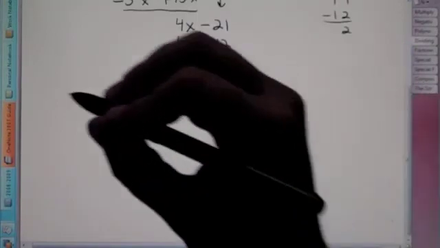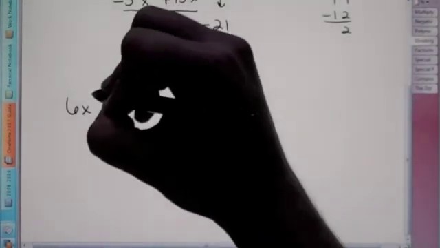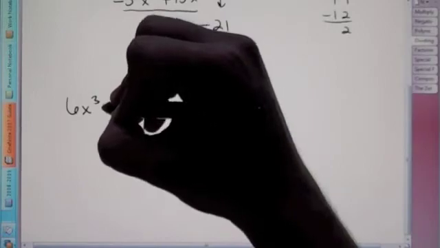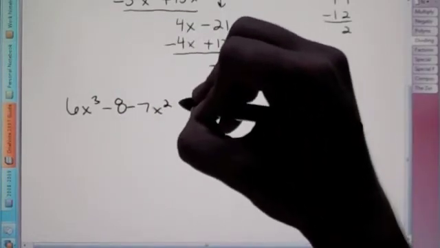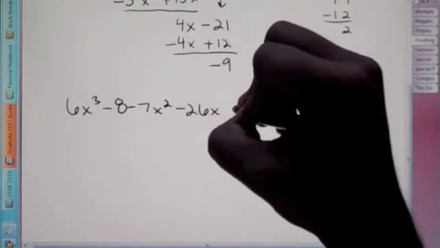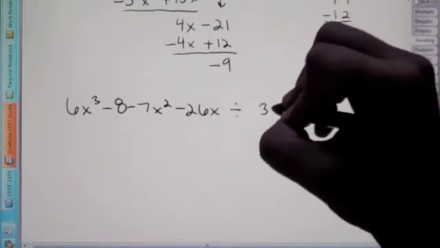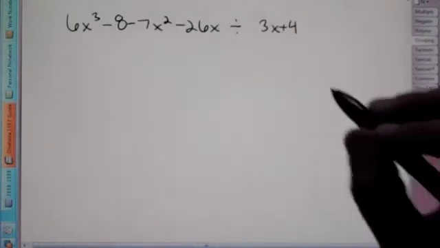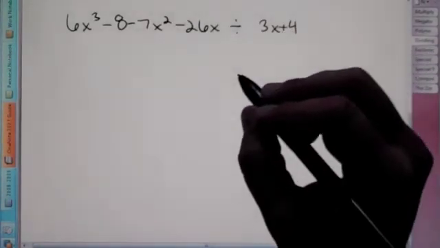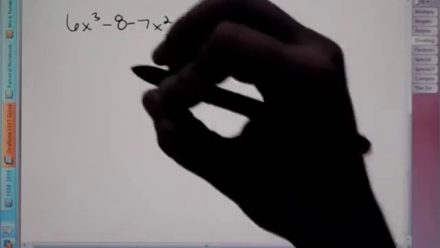Now the next problem, I'm going to say 6x cubed minus 8 minus 7x squared minus 26x divided by 3x plus 4. When you set up your problem, you have to put it in descending order of exponents.